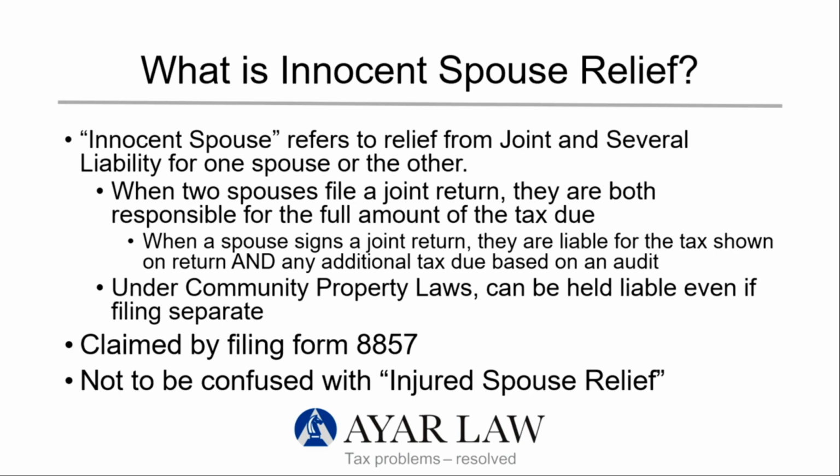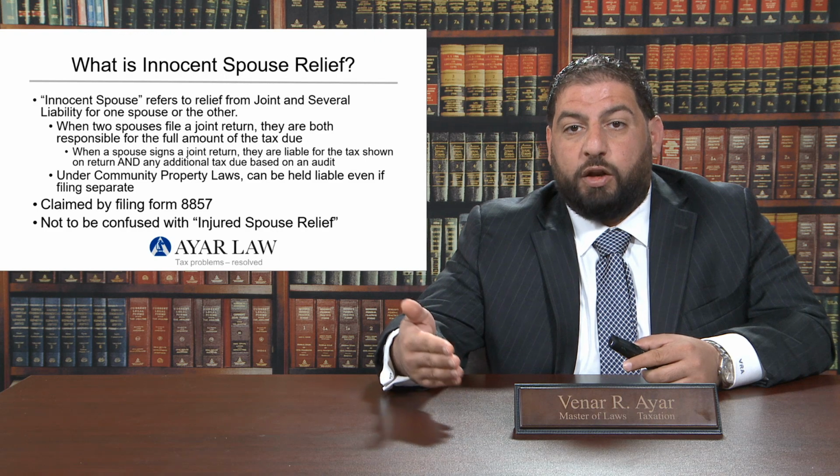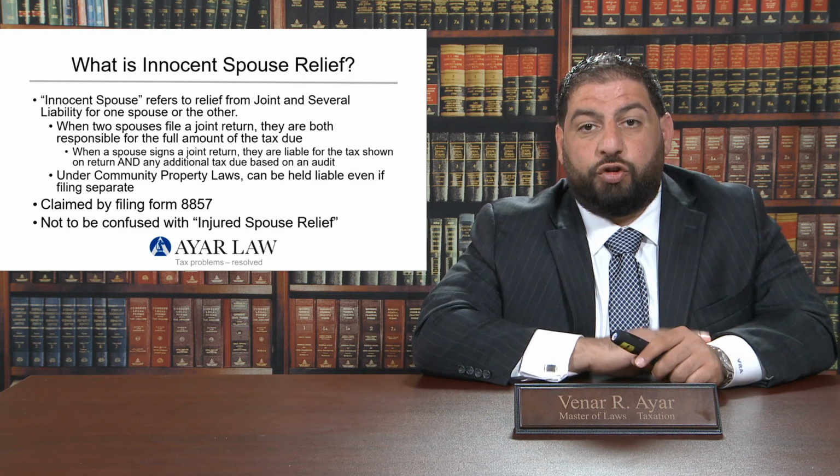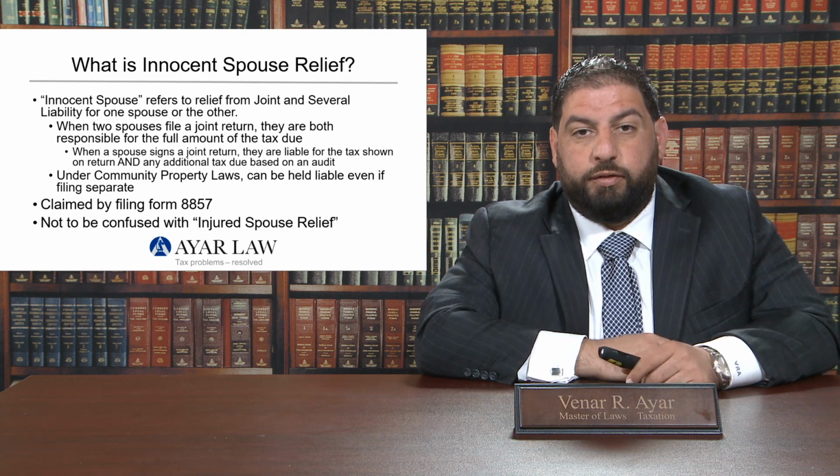When a spouse signs a joint return, they are liable for the tax shown on that return and any additional taxes due based on an audit or other assessment that might occur later. So when you sign a return jointly, you're on the hook for that year, not just for what's on the return itself.